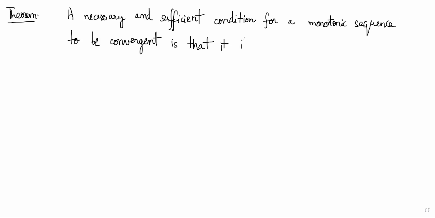This is a consequence of the previous two statements, because we know that a monotonically increasing sequence will converge to the least upper bound, and the monotonically decreasing sequence will converge to the greatest lower bound. So basically, as long as you have a monotonic sequence that is bounded, that means it has upper bounds and lower bounds, it will be convergent.